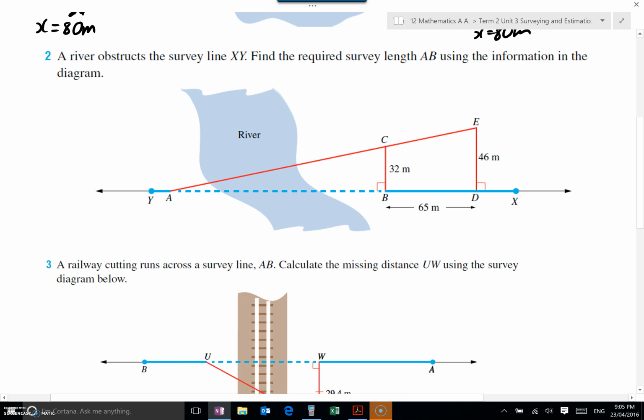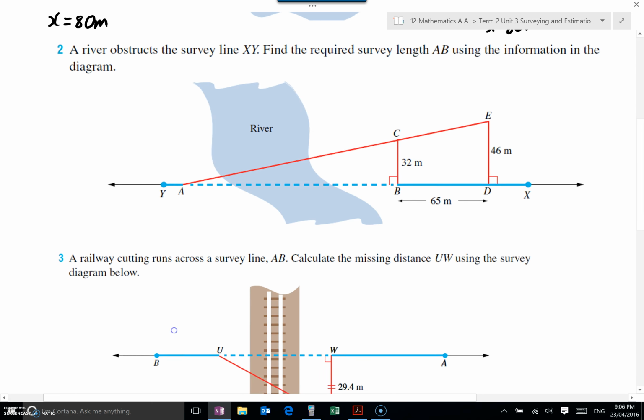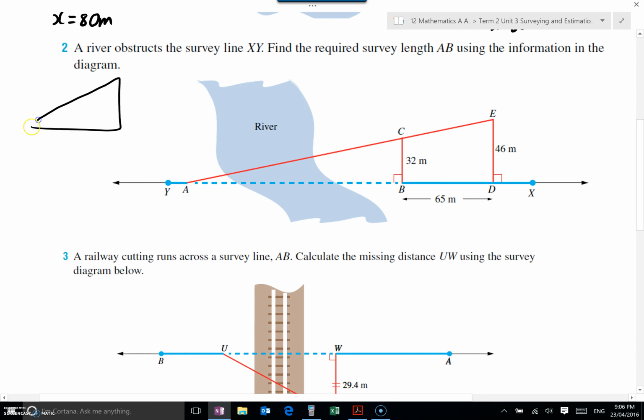Again, trying to find the distance across the river. I don't know it, but I know some of these other measurements that I've been able to measure. So I've got a small triangle ABC with 32 meters, and I want to find this side.